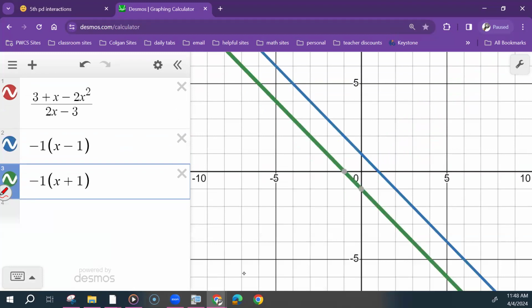But the GCFs don't show up as factors. So that one you'd have to actually do a little bit of the work, factor out that -1 as the GCF, and then put that in.